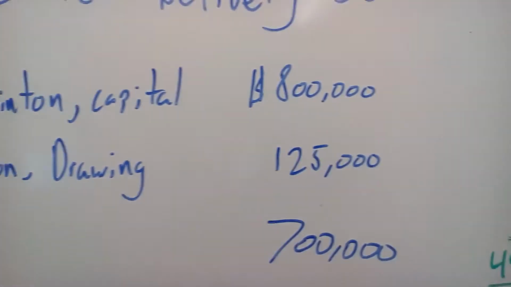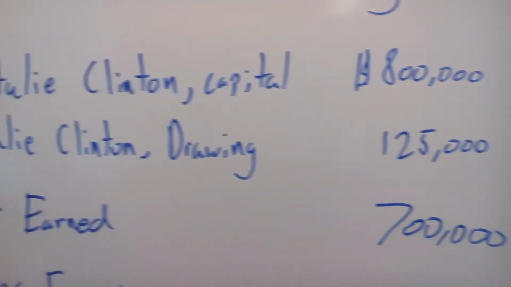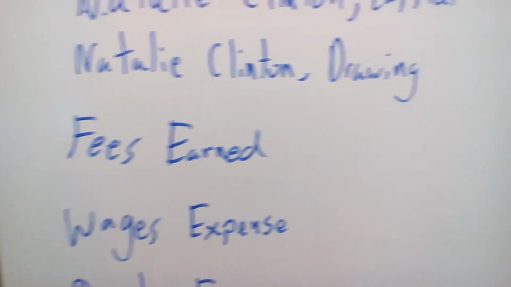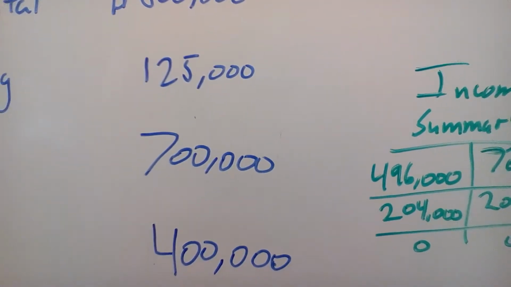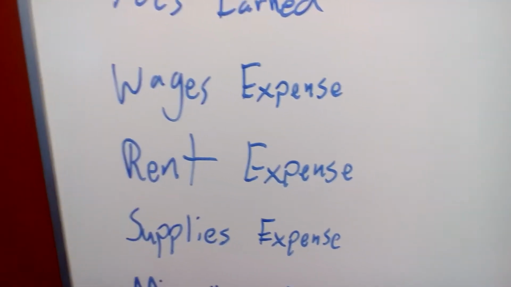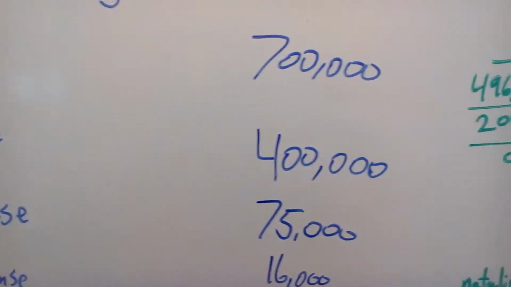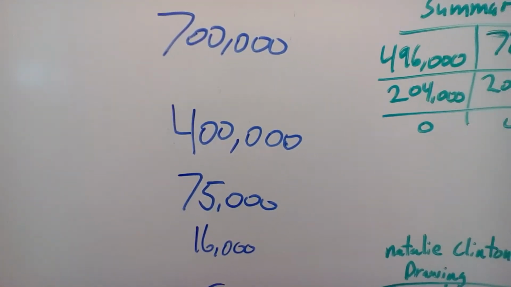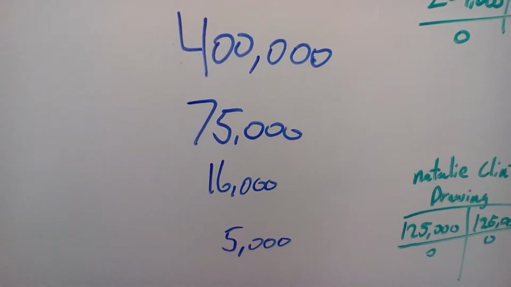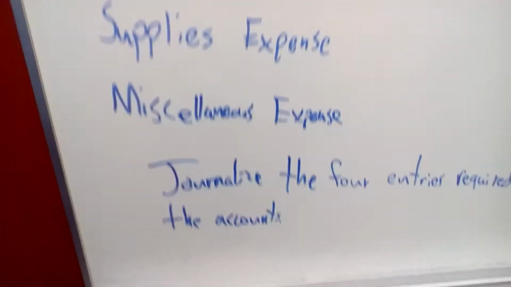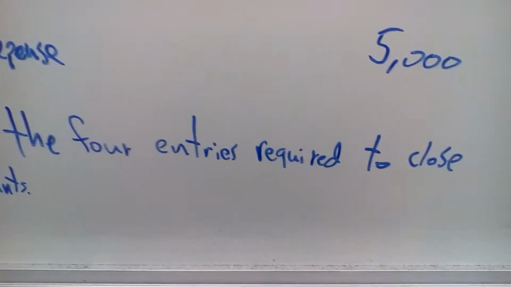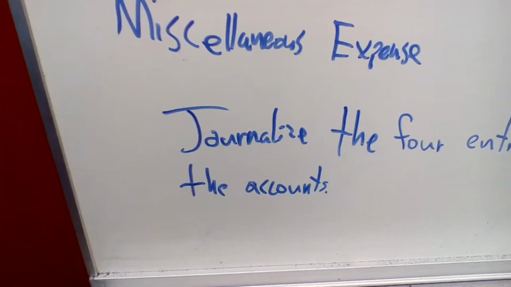Natalie Clinton drawing is at 125,000. Fees earned is at 700,000. Then we have wages expense, rent expense, supplies expense, and miscellaneous expense, at 400,000, 75,000, 16,000, and 5,000 respectively. We have to journalize the 4 entries required to close the accounts.